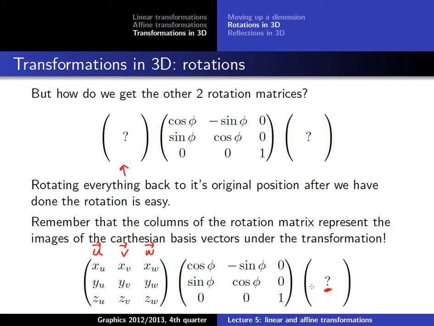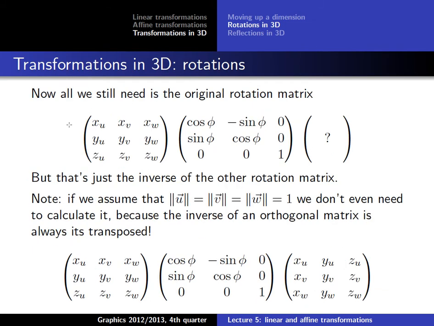If we choose them nicely in a way that we take unit vectors, then we don't even need to calculate it, because we can prove, or someone else has proven, and we can take advantage of that, that the inverse of an orthogonal matrix, that is a matrix where the column vectors are unit vectors and are orthogonal to each other, which is the case because they are just the coordinate system, if we choose them at the length of 1, then it's just the transpose of it.